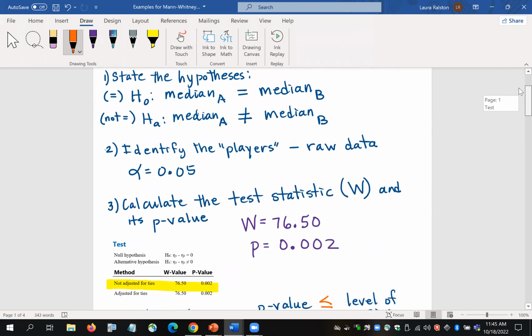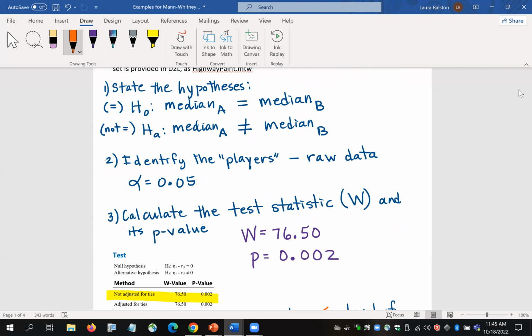If we reject the null, that means the null is false or invalid, which means then by default, the alternative is true or valid.